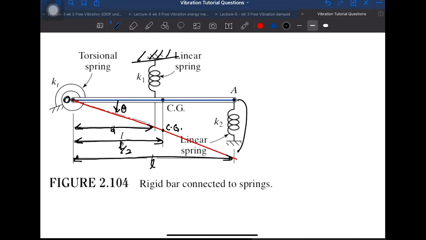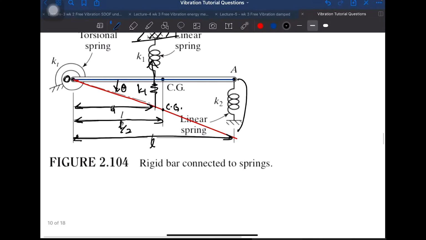So K1 cannot move, and when the spring is pulled downward, there's a spring force that pushes it back to the original position. The resultant force will be pushing upwards, to the original position.